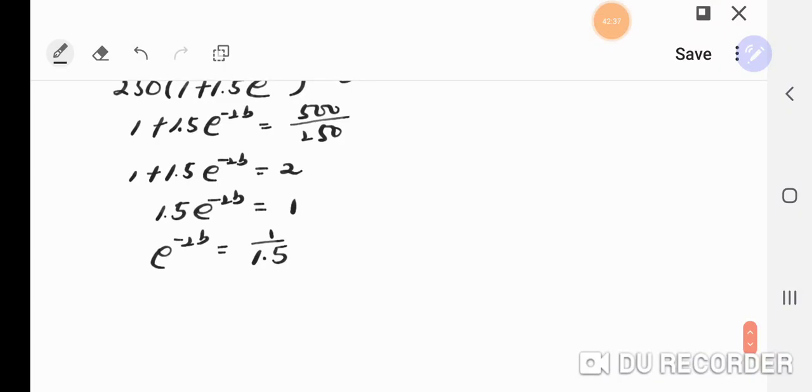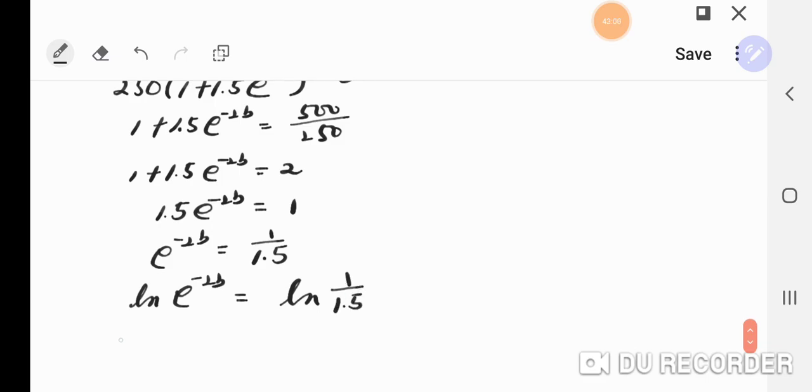We want to find B, so B is in the exponent, and we have to remove the base e. So why don't we take the natural logarithm on both sides? The natural logarithm of e to the negative 2b is equal to the natural logarithm of 1 over 1.5.